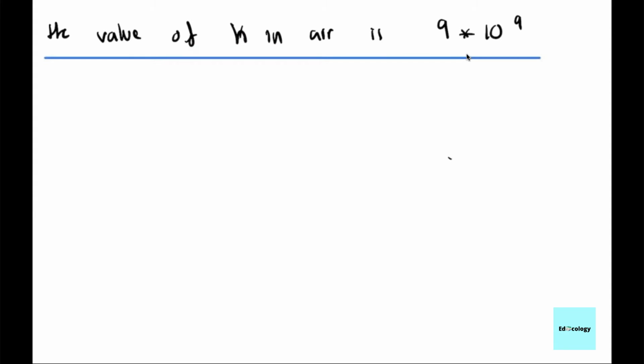And the medium that we usually use is air, in which the value of K is 9 times 10 to the power of 9. So this is the value that we usually use when we are calculating the electric force, okay?